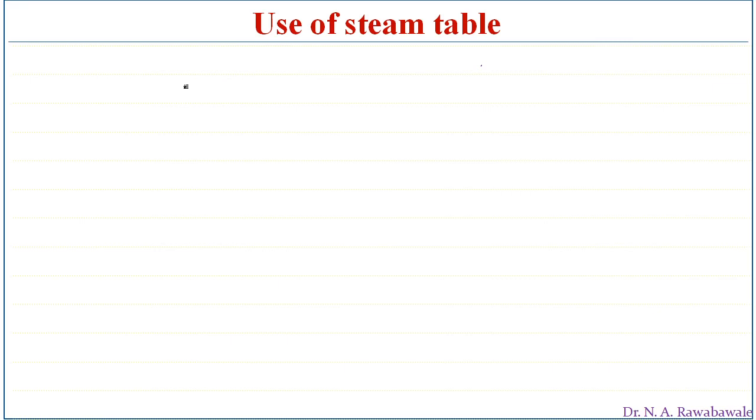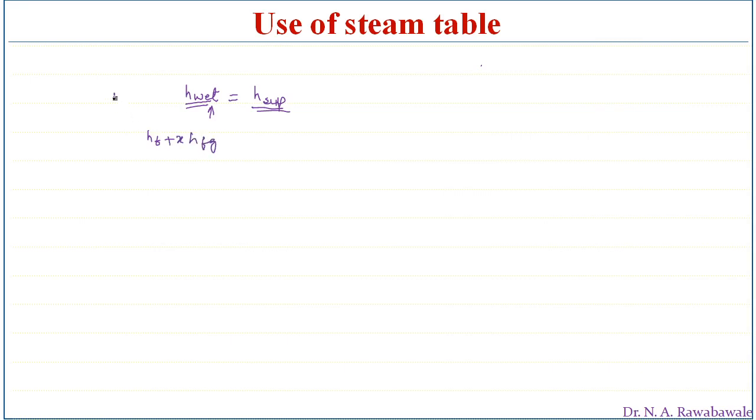So steam is wet before entering into the calorimeter, and after coming out of this calorimeter, steam becomes superheated or dry saturated. So enthalpy of wet steam enters into the calorimeter and leaves the calorimeter in the form of superheated steam or dry saturated steam. So when it is passed through the throttling calorimeter, enthalpy before throttling is equal to enthalpy after throttling. So before throttling, the steam is wet, so enthalpy of wet steam is given by Hf plus X Hfg.